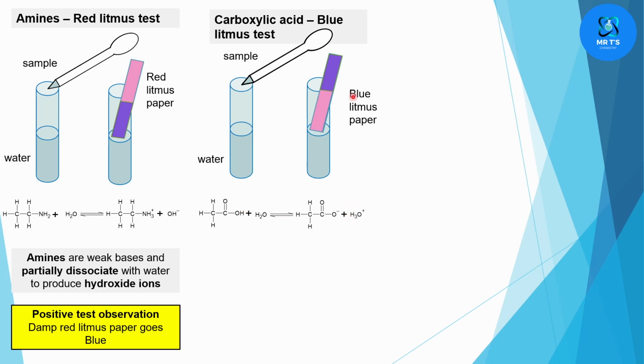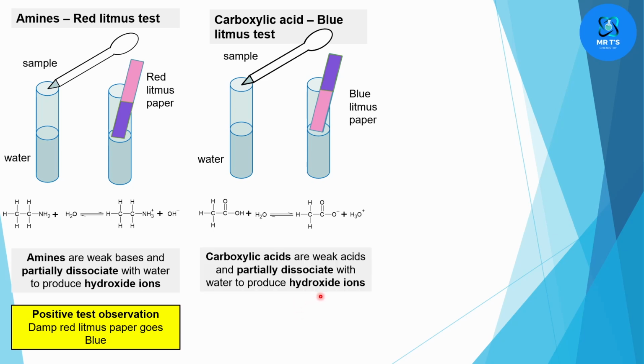The hydronium ion causes the blue litmus paper to go pink or red, and remember we need the water for this reaction to happen. There are two ways you can do this. You can mix the sample with the water, or you can put the litmus paper in water to make it damp for a start.